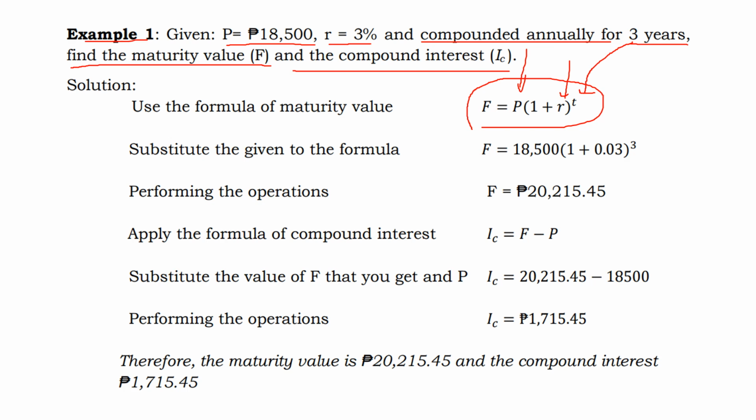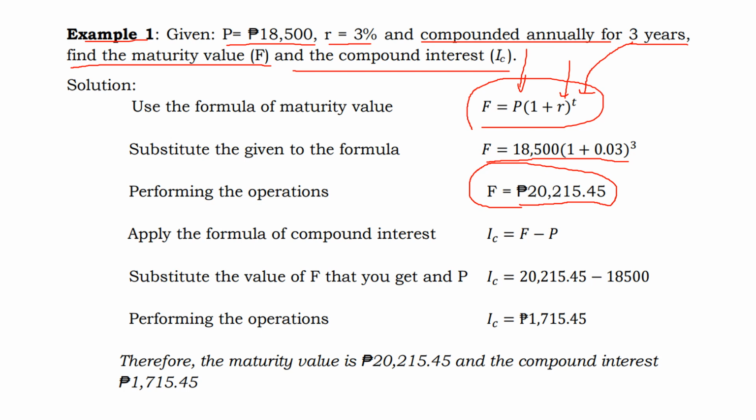Upon applying the given values, which is 18,500 multiplied by (1 + 0.03) raised to 3, after performing the operations needed, the resulting value is 20,215.45. This will be the future value, which is 20,215.45.